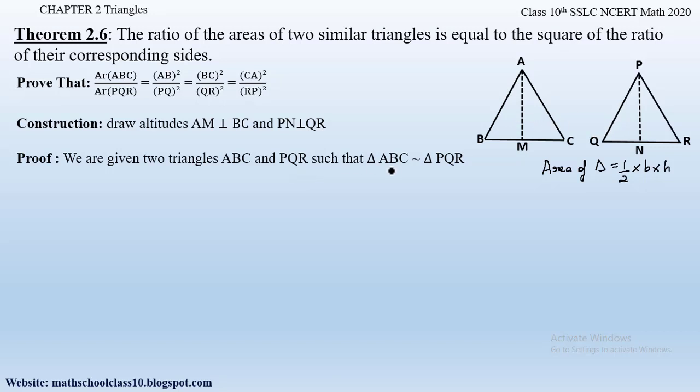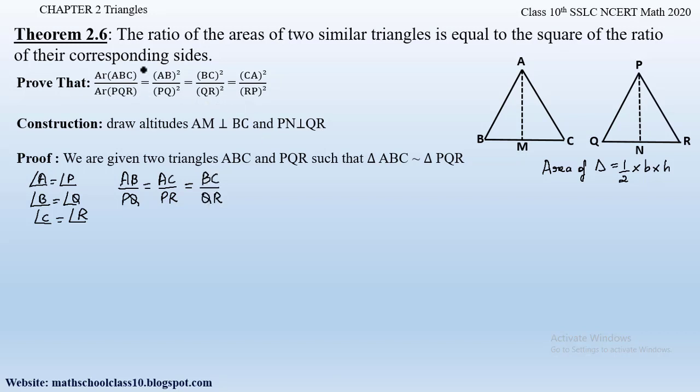So let us write down: since triangle ABC is similar to triangle PQR, we have angle A equal to angle P, angle B equal to angle Q, and similarly angle C equal to angle R, and the ratio of the corresponding sides will also be in equal proportion, that is AB by PQ will be equal to AC by PR, and that will be equal to BC by QR.